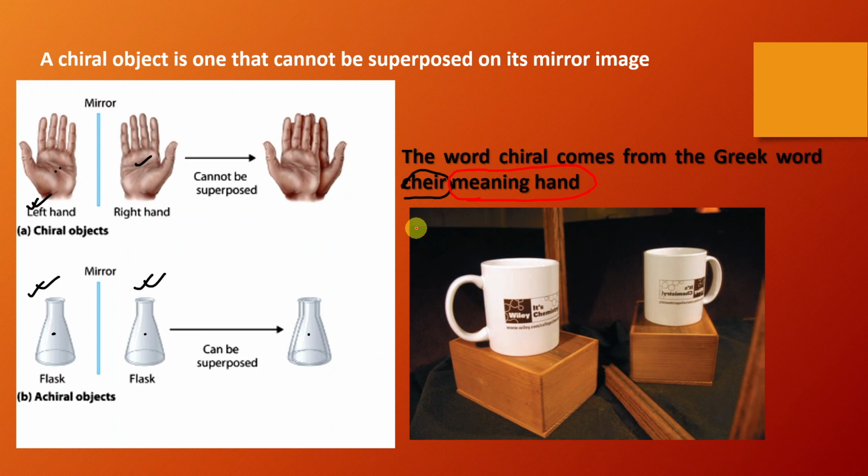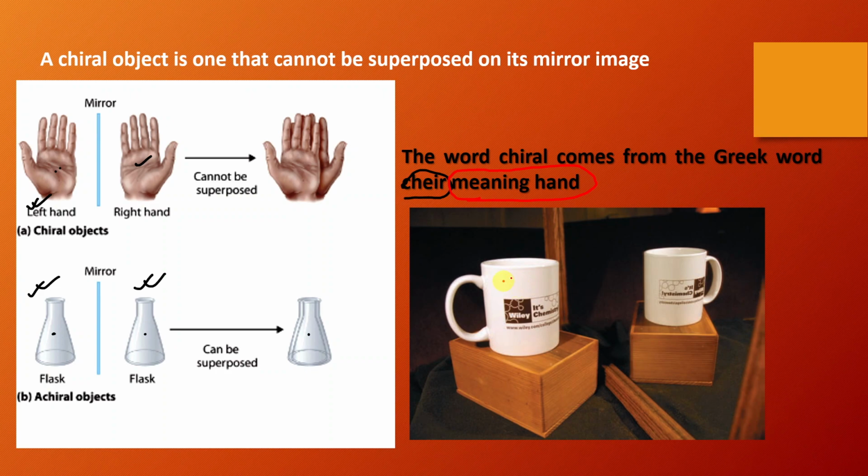Now one point I want to bring to your notice: whether any object is chiral or not depends totally on the structure of the object. The structure decides whether it will be a chiral object or an achiral object. So let's see how it actually occurs.